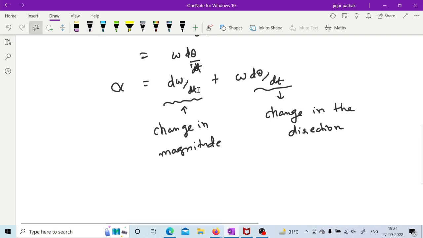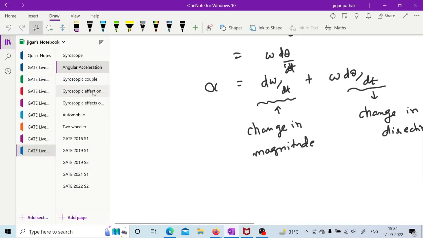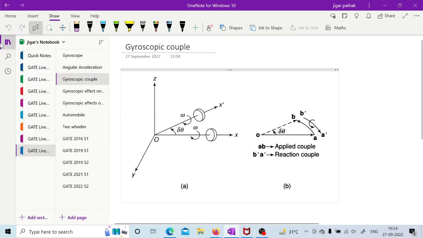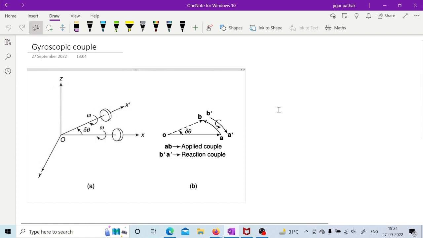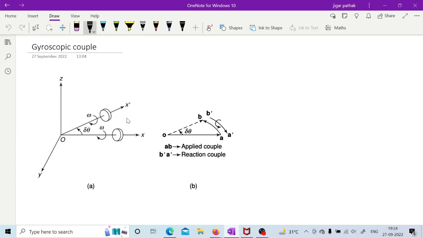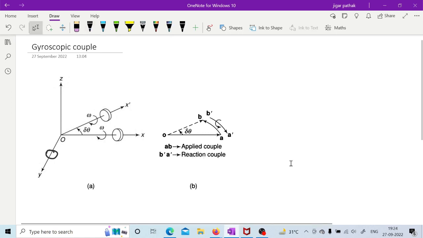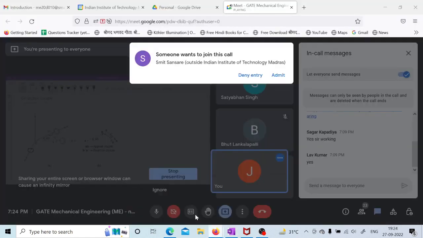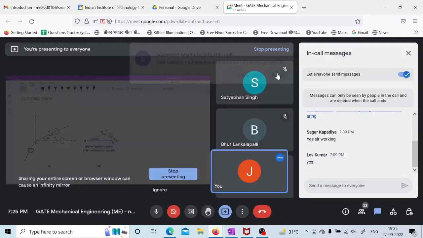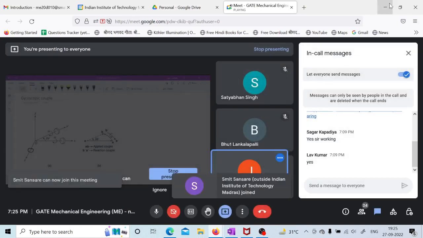Now if we go to the next topic, the gyroscopic couple, as we have discussed, this particular motion is going to generate a couple which will try to rotate your component about the remaining axis, that is the third axis, OY.